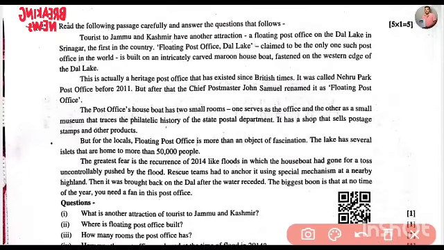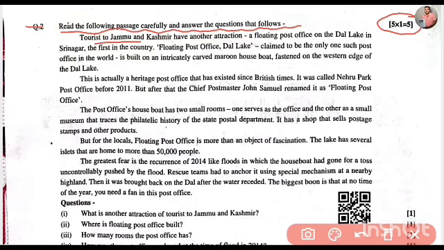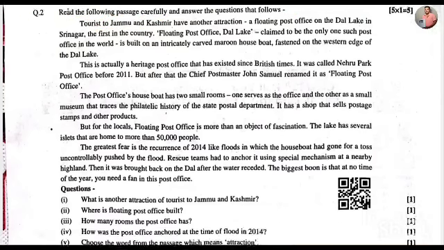And after that, the second question is, read the following passage carefully and answer the question that follows. And this is your passage number 5. Tourists in Jammu and Kashmir have another attraction, a floating post office. So, this entire passage has to be read carefully.